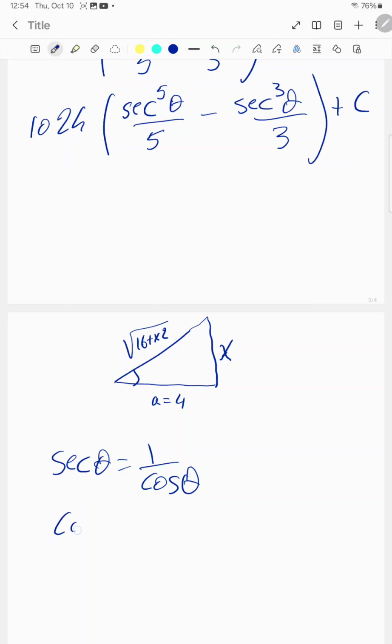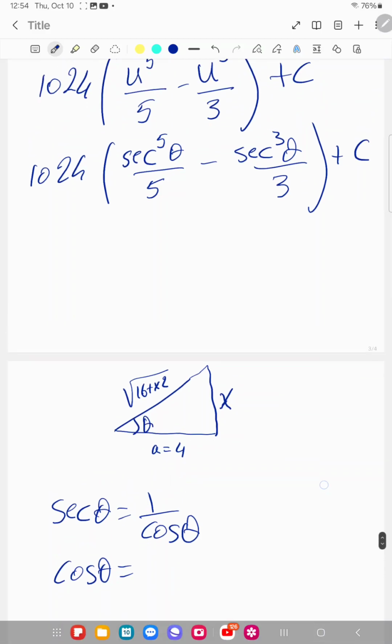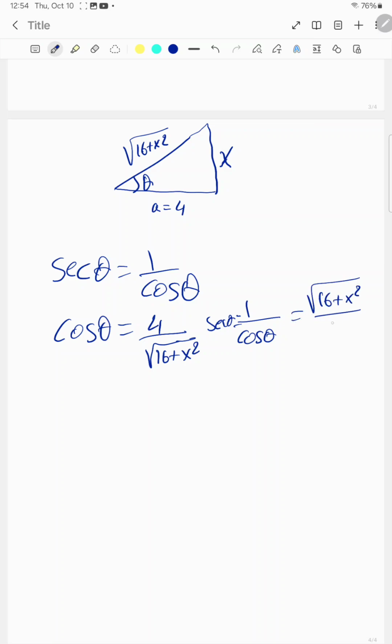So let's do cos theta here. Cos is equal to the adjacent divided by the hypotenuse. So my cos theta is equal to 4 divided by square root of 16 plus x squared, and so 1 divided by cos theta, which is sec theta, becomes square root of 16 plus x squared divided by 4.